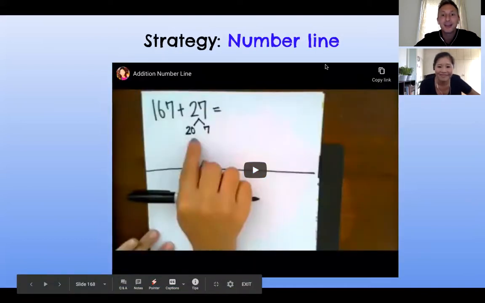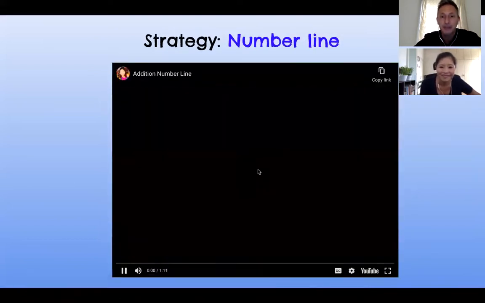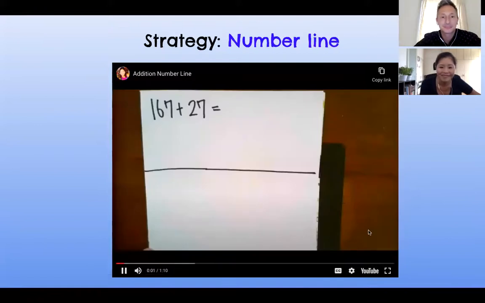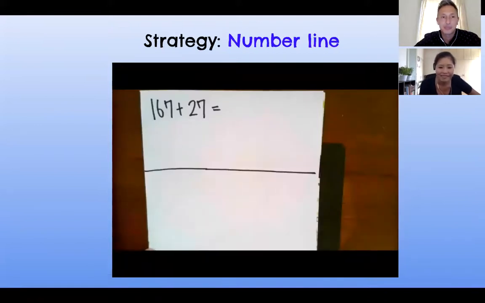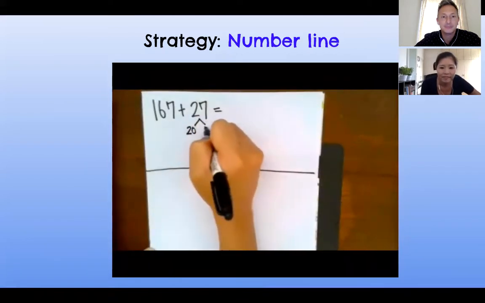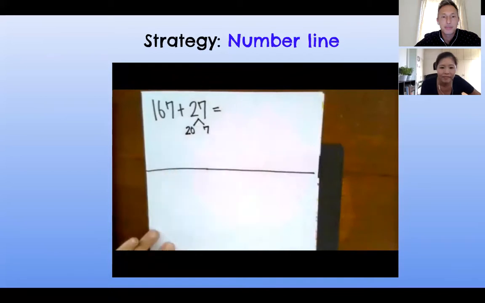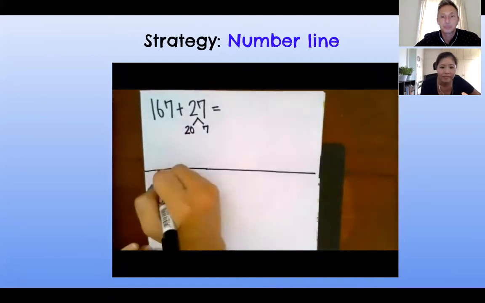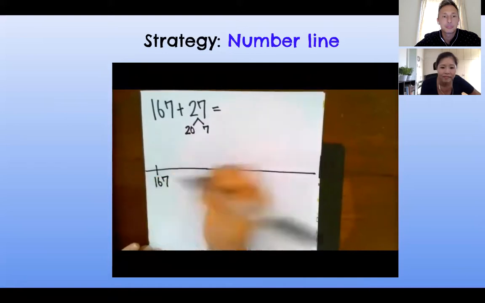Okay, so now we have our number line. Here we go. I'm going to solve this problem using the number line. So first I'm going to decompose the second number, and this would help me to see how many hops I need to do. Then I'm going to start on 167.